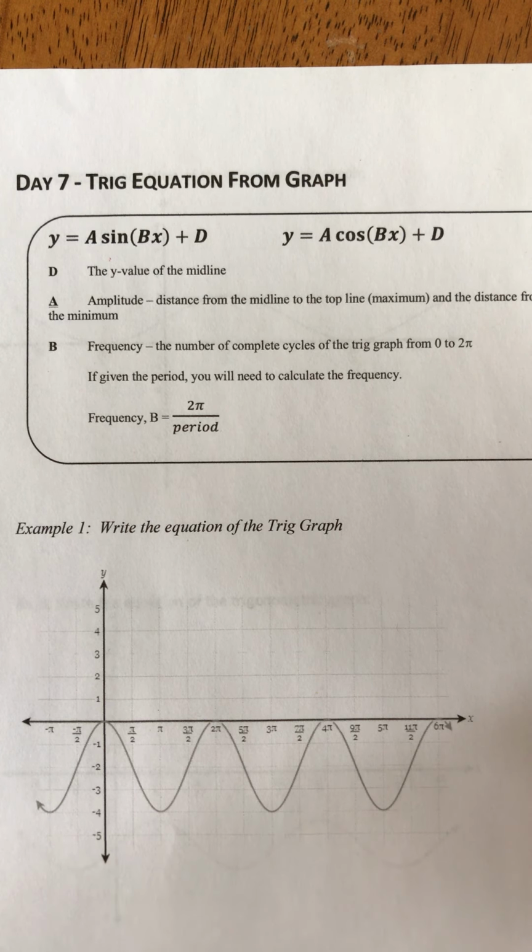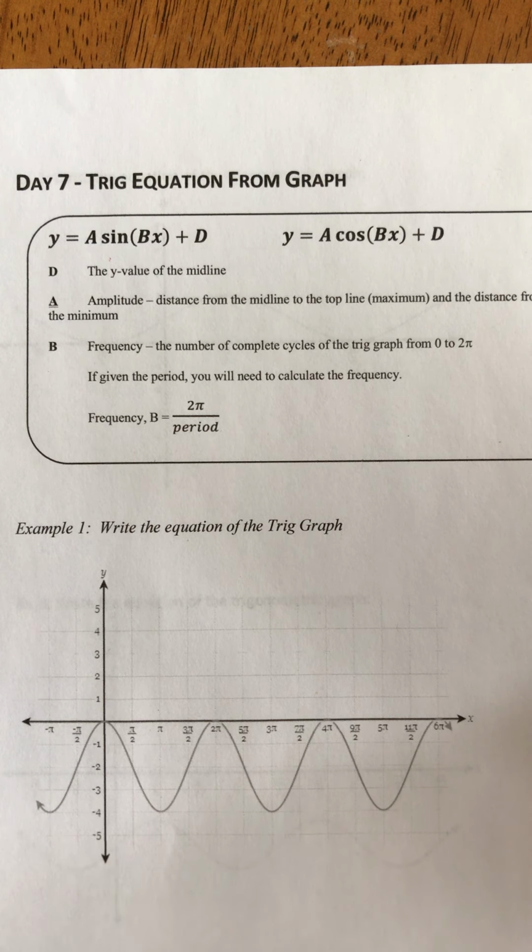If I compare what starts on its top value and goes down to these curves up here that I wrote in the notes, it's going to look like this cosine graph here. It starts at its top value and goes down. So it's a positive cosine. That's another piece of information that you will need.